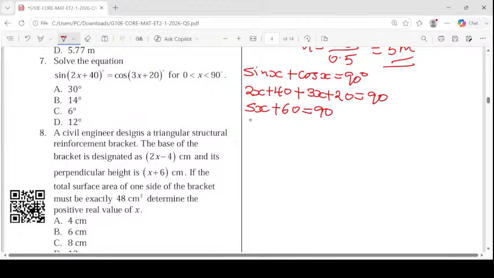When you collect like terms, you get 5x equal to 90 minus 60, that is 30, meaning that x will be equivalent to 6 degrees, which makes choice C for cat the correct answer.